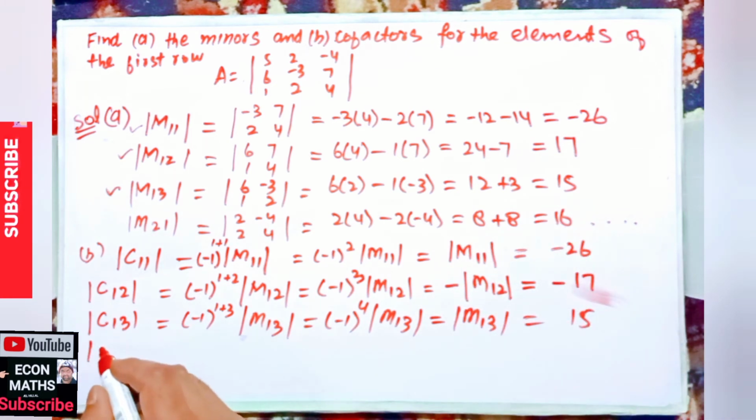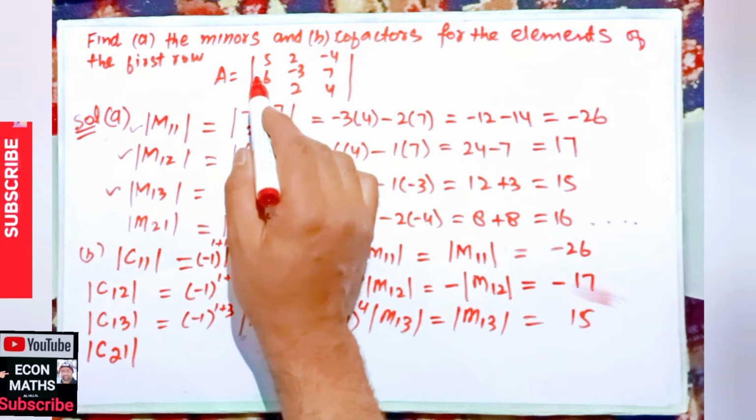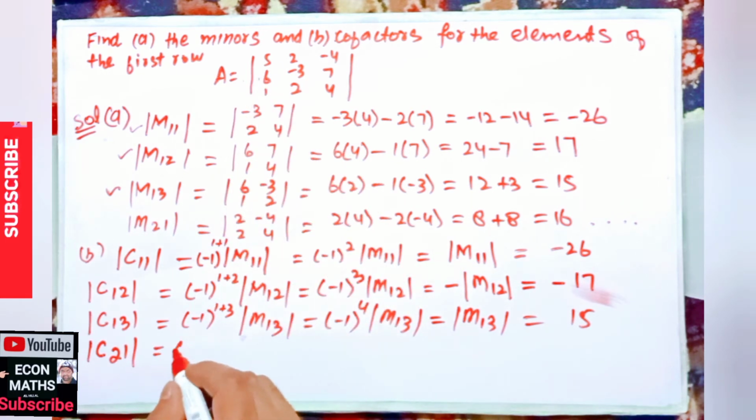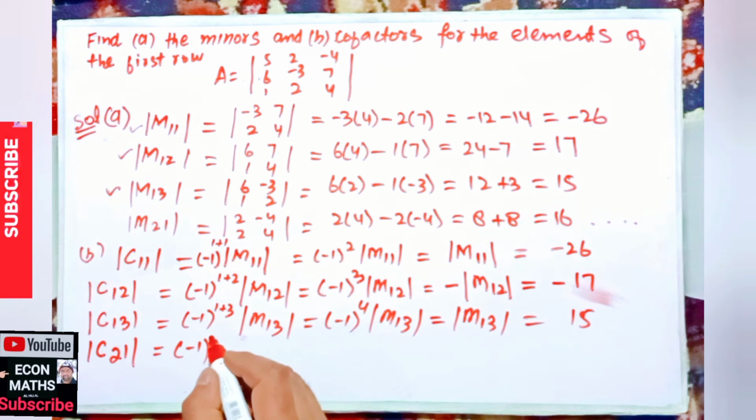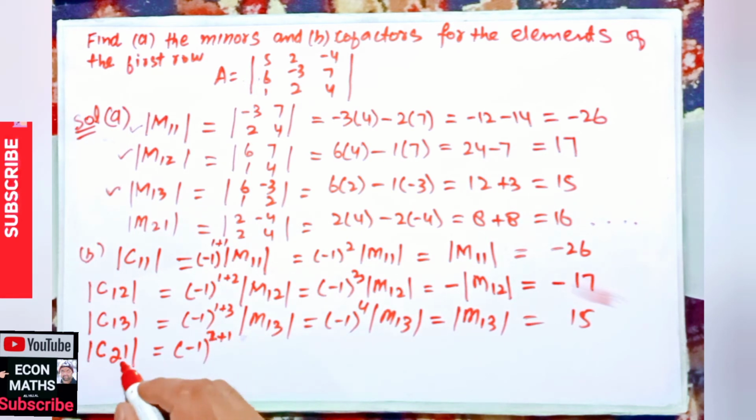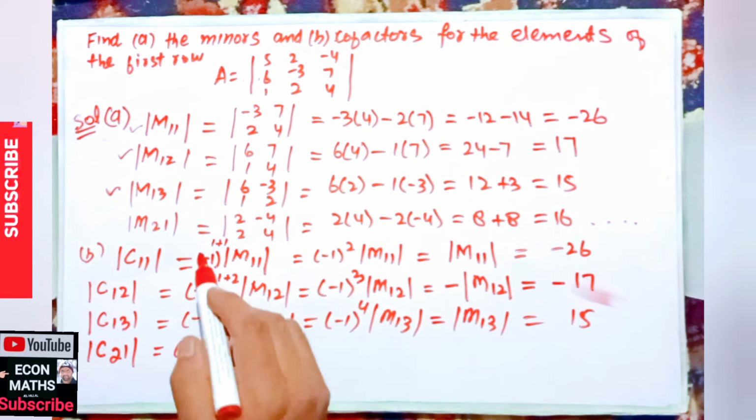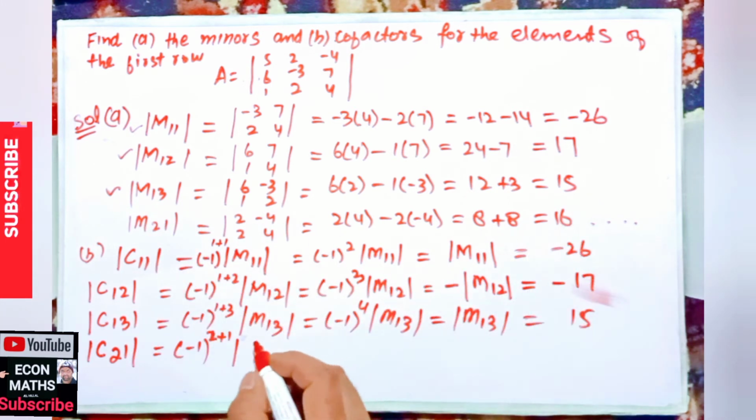Similarly, the cofactor C21, that is the cofactor at this place, is also equal to minus 1 raised to the power of the subscripts, that is 2 plus 1, and multiply it with the corresponding minor, that is M21.